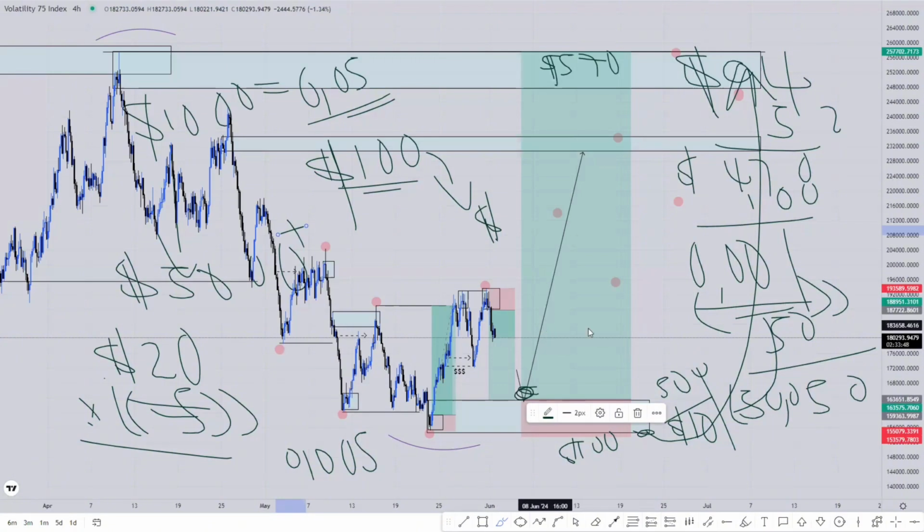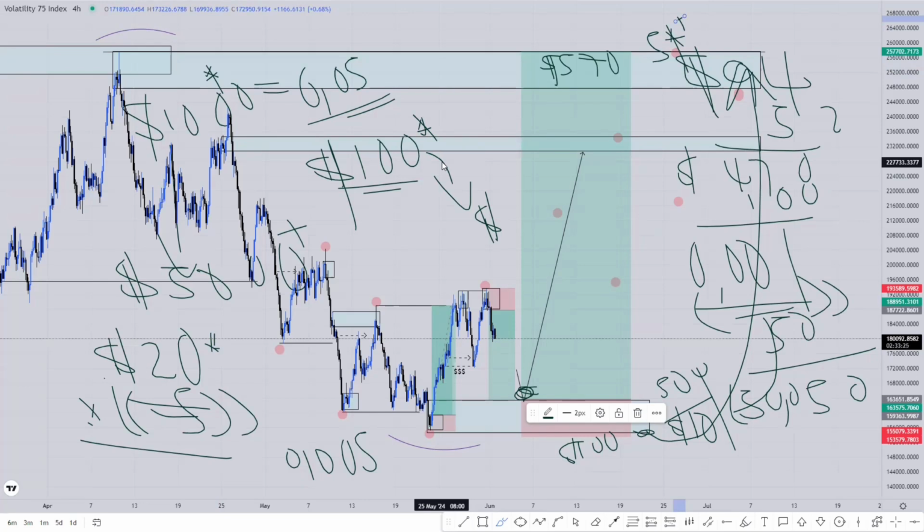So this is how much potential this move has, for someone with as little as $20, $100, or $1,000. With $1,000, you're expecting to 5x your account by the time we get there. 5x plus. 10,000, same thing. 100,000, same thing. So these are just numbers.